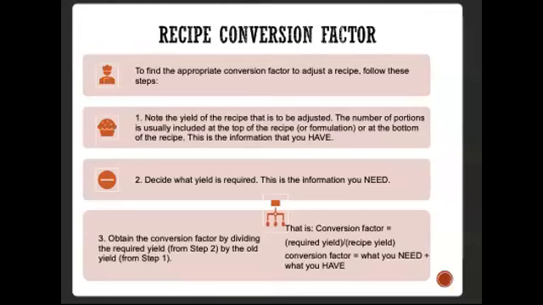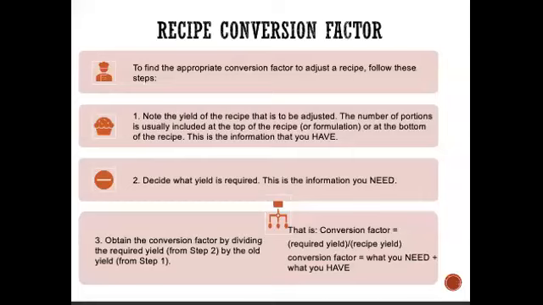Then after you find the yield of the original recipe, you will figure out how many portions you want to yield for the amount of guests or the amount of portions that you want to come up with.